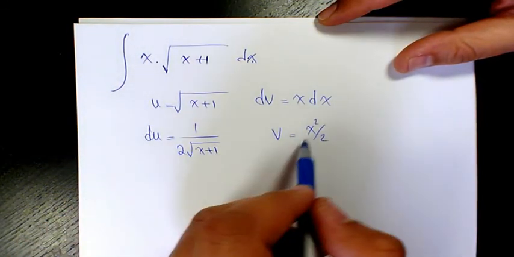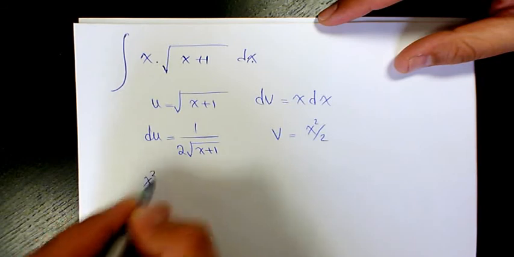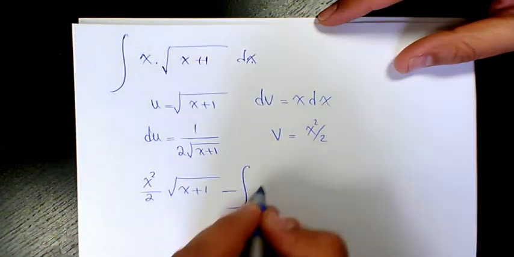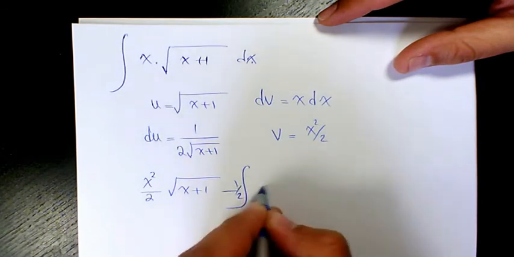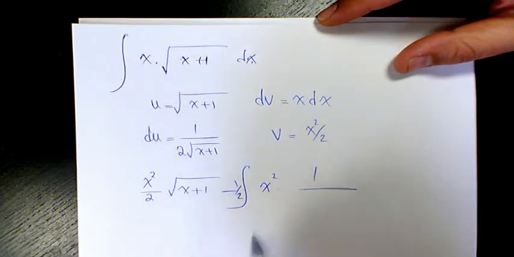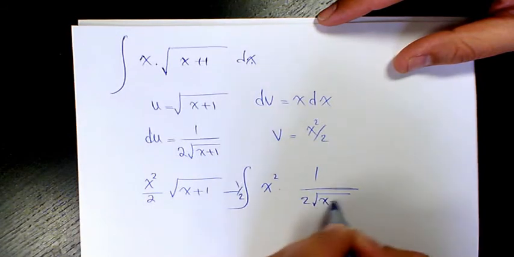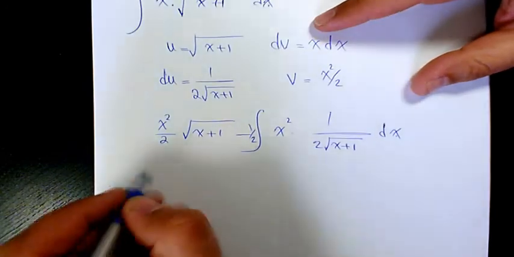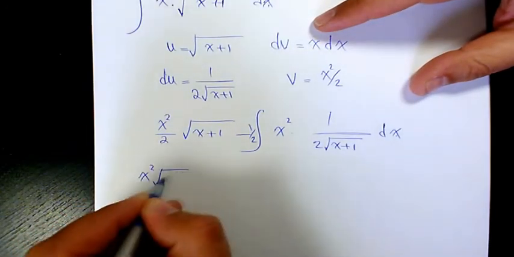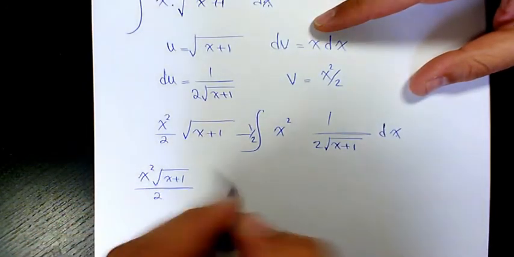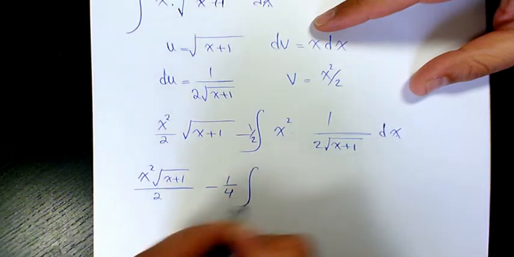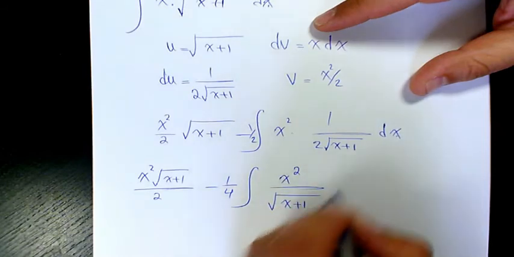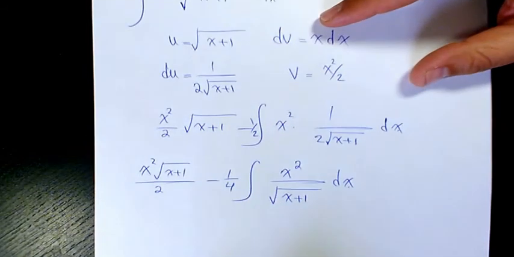So v times u is going to be x squared over 2 root x plus 1. Subtract v du. It's going to be 1 over 2 x squared times 2 root x plus 1 dx. So we have x squared root x plus 1 divided by 2 minus 1 over 4 x to the power of 2 over root x plus 1 dx.